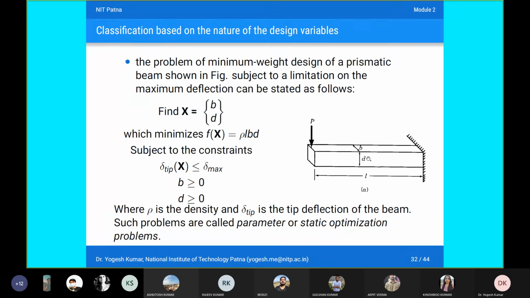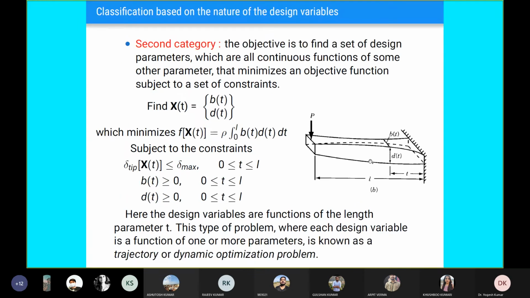So what does it mean that these are independent? Let me take another category. This is the second category. We are having again the cantilever beam, but what is different from the previous example? Here this width B is varying corresponding to the distance from your fixed point. This is your fixed point, and this is your distance from the fixed point, that is t.